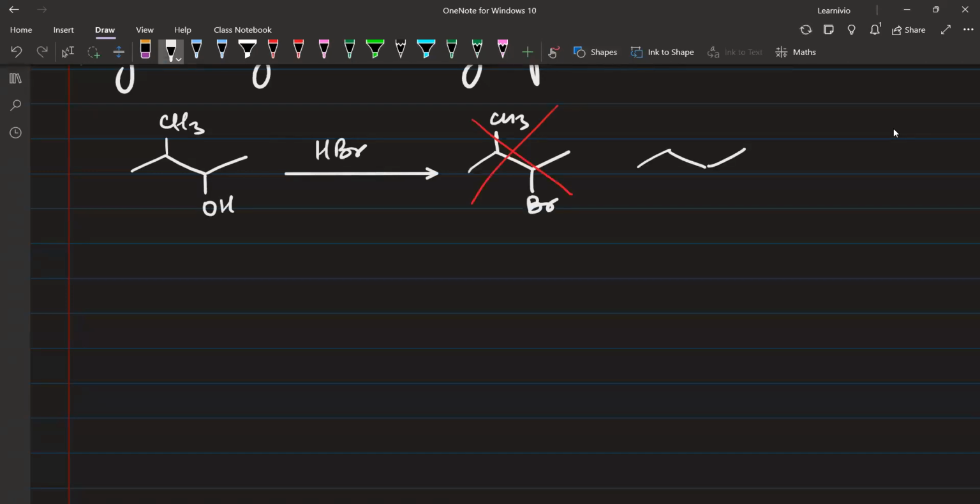Carbon atoms. There is a CH3 group here.